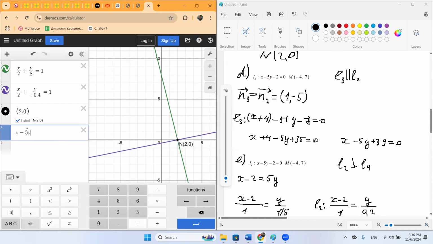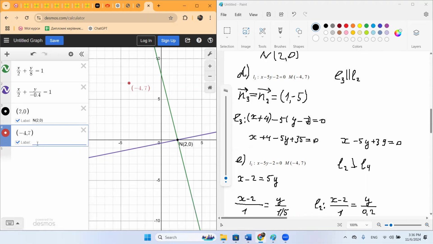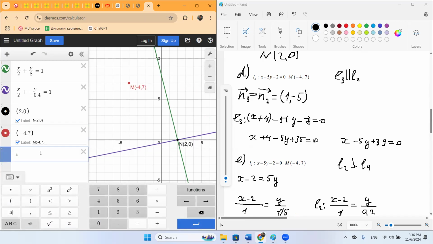By the way, first of all, let's draw the point M, so 4, minus 4, 7. So here it is. Okay, and drawing the graph x minus 5y plus 39 equals 0. So correct, it passes through M.